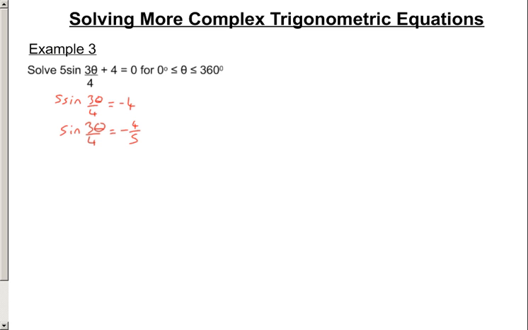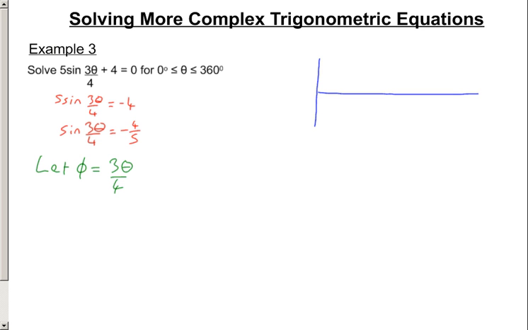So now we're going to sketch sine of 3 theta over 4 on the domain 0 to 360. Now this one's a bit more complicated to sketch what 3 theta over 4 looks like. So we're going to go about this a slightly different way for this one, and go straight into the let phi equal 3 theta over 4 stage.